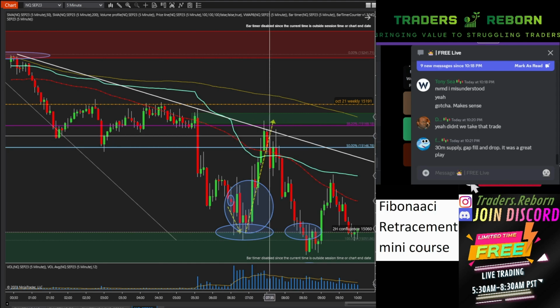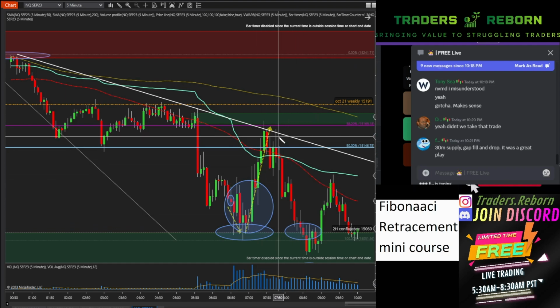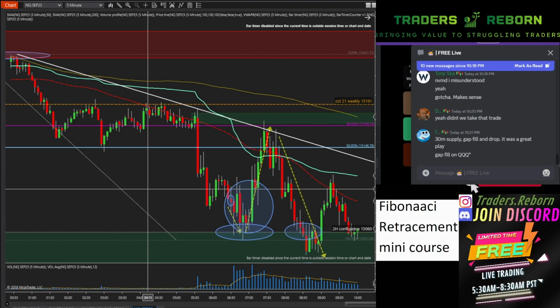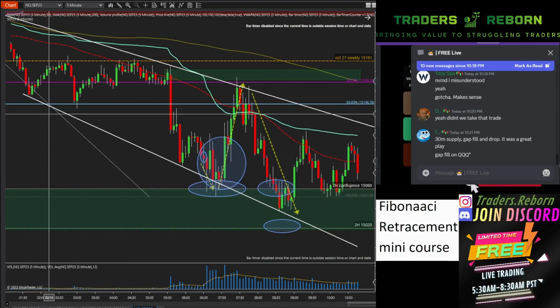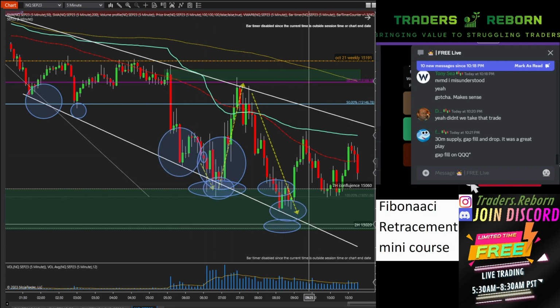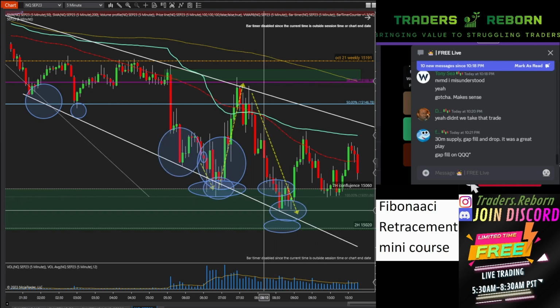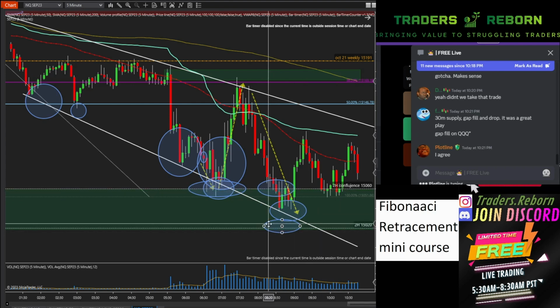So if we keep making lower lows, of course, the next move will be lower, right? That's just naturally where price goes, as you can see. Lower low, lower, lower, lower, lower. It was a great play.